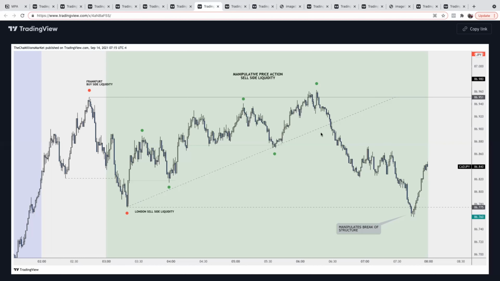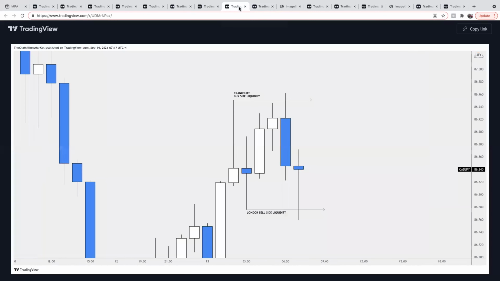So from that point, I want to zoom out to the H1, because one of my rules as far as how I know when sessions are simply there to grab liquidity is when I go from the M1 time frame to the H1.